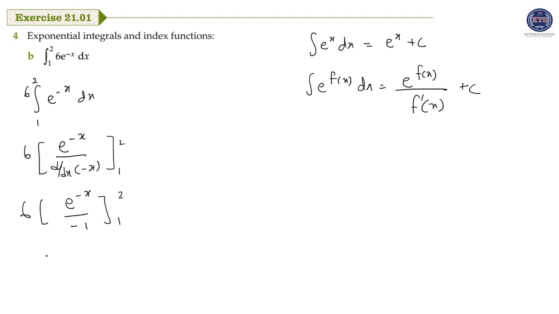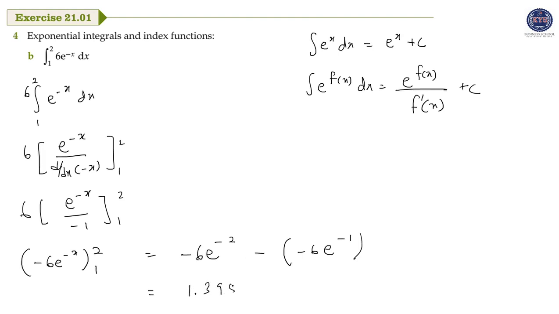Okay, so kat sini akan dapat negative 6 exponent negative x with the limit of 2 to 1. So substitute lah, negative 6 exponent negative 2 minus negative 6 exponent negative 1. So press your calculator over here, you akan dapat value dia ialah 1.3953.